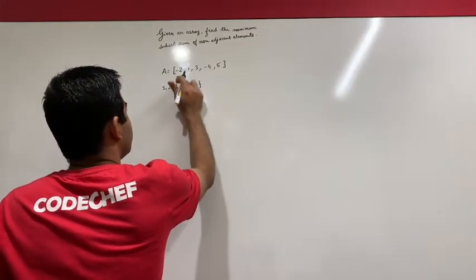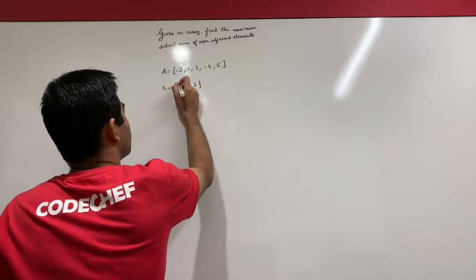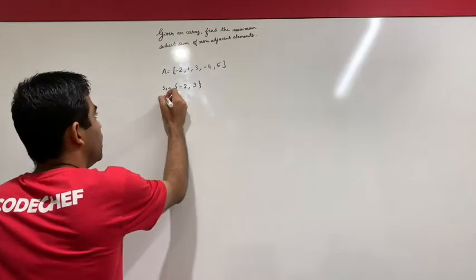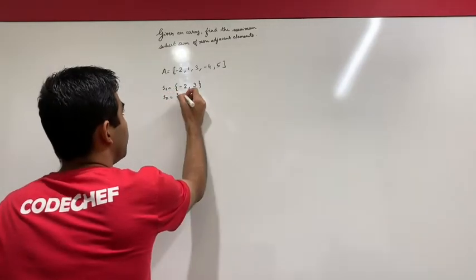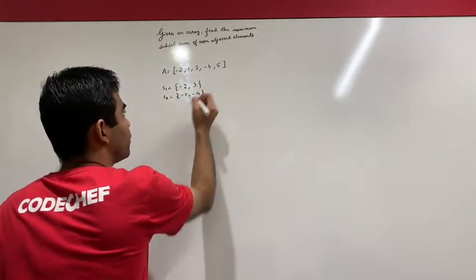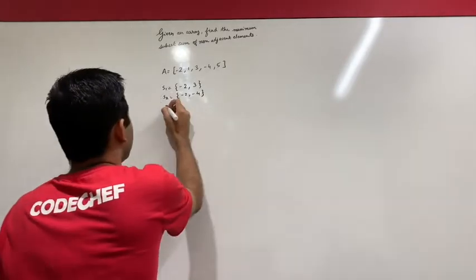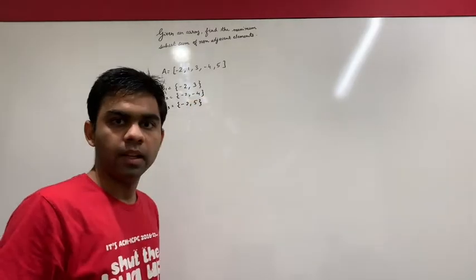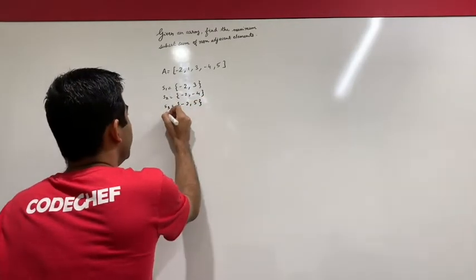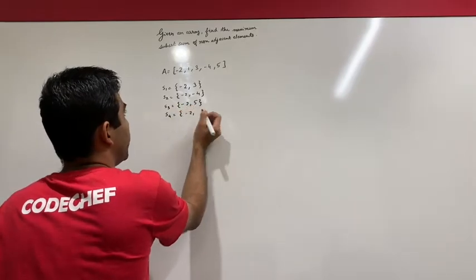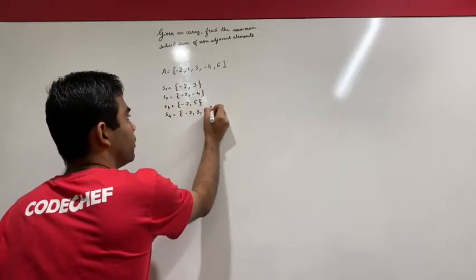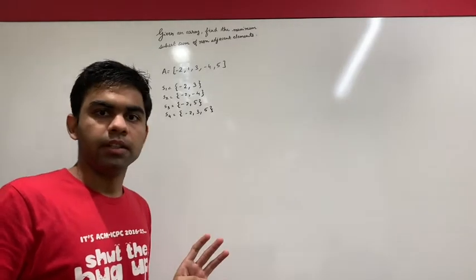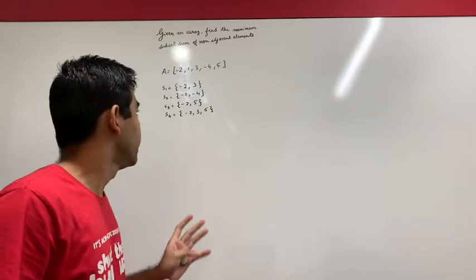So this can be one valid possible subset. I also have -2 and -4. I also do have -2 and 5. And there is one more possibility in which I can choose -2, 3 and 5. So these are all the possible subsets starting from the index 0 which I can include in my solution.